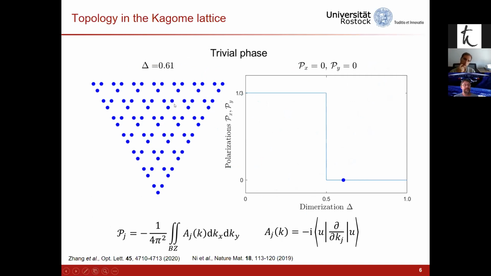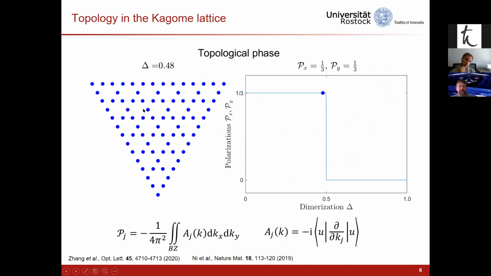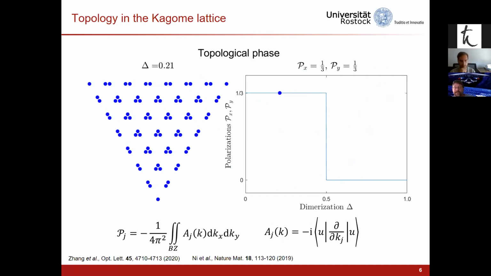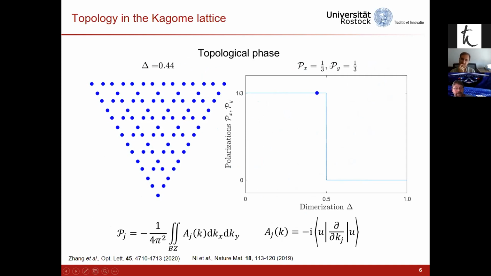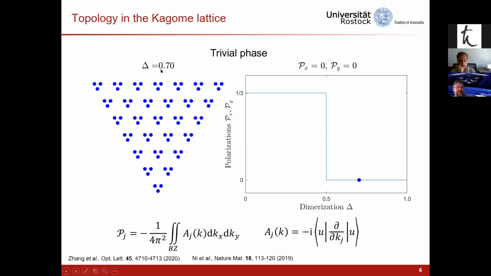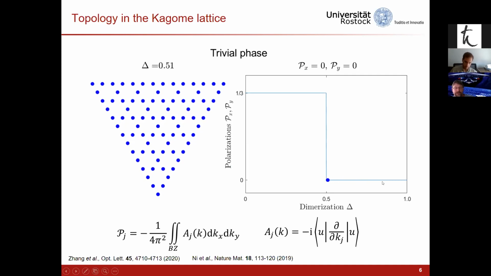Okay, so now let's look. This is the detuning. Now, here is a sketch of how it looks. And then you can actually calculate a topological invariant that is called a polarization, PX and PY. And you can actually show, just the formulas, that for dimerization larger than 0.5, the polarization is 0. So it's topologically trivial.